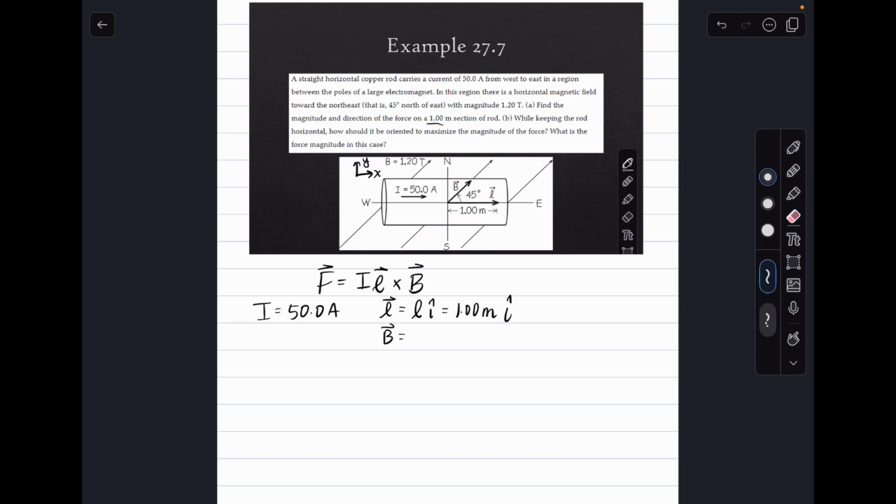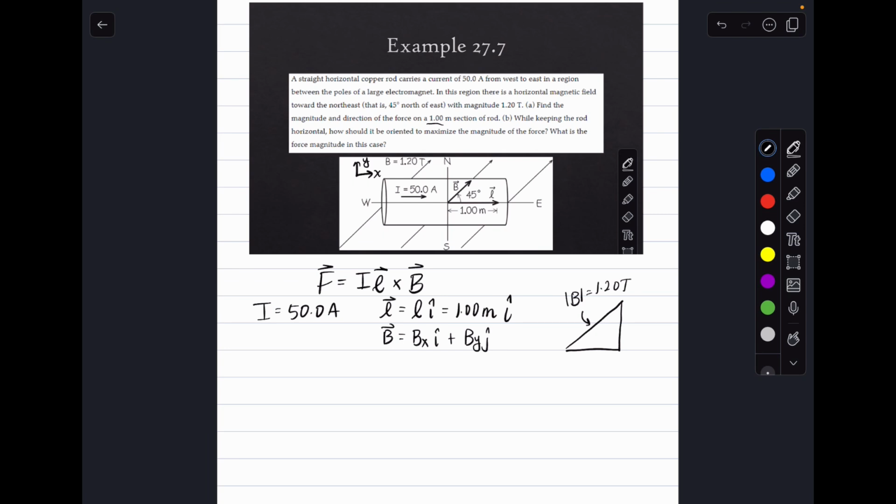B is going to be the X component of B in the I hat, and then the Y component of B in the J hat. How do we figure out the components? Well, we build our triangle. The hypotenuse of B is the magnitude of B, which was 1.2 Tesla.